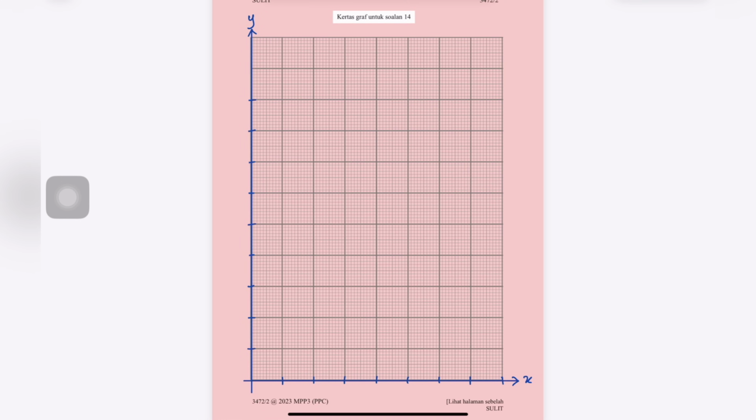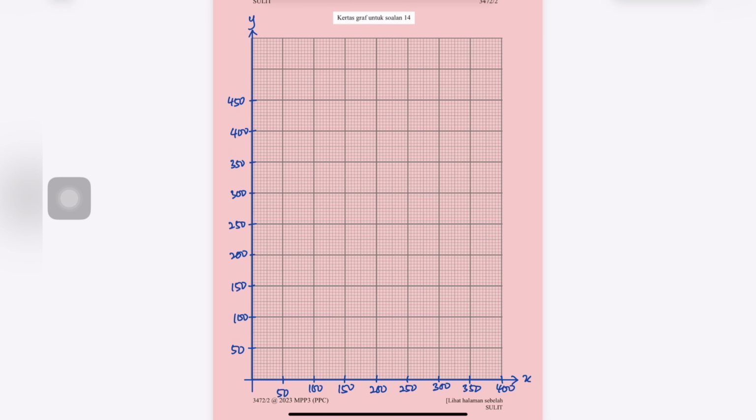Okay, then kita draw x-axis and y-axis. Then follow the scale here, 2 cm to 50 students for x-axis. And same for y-axis, 2 cm to 50 students as well.